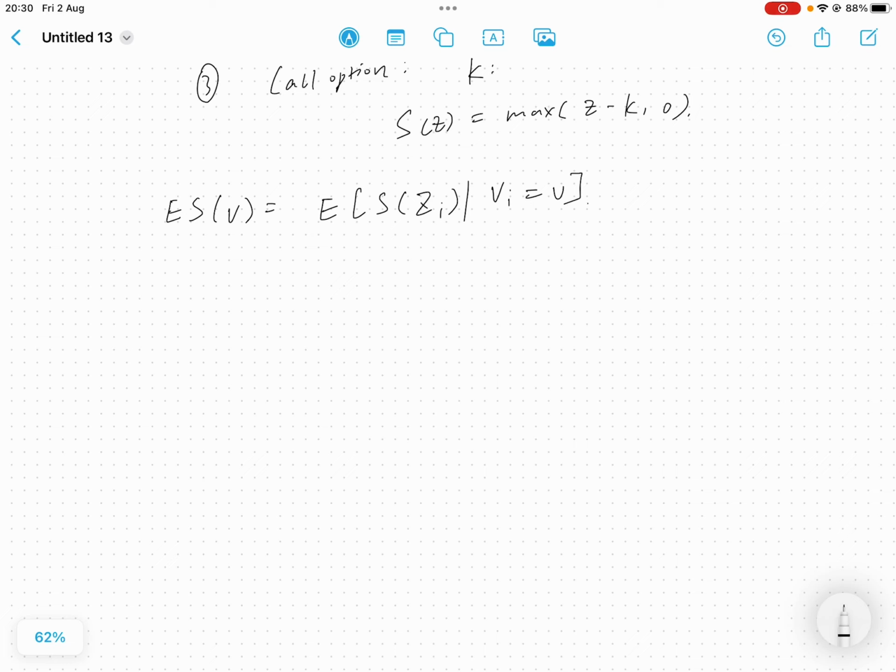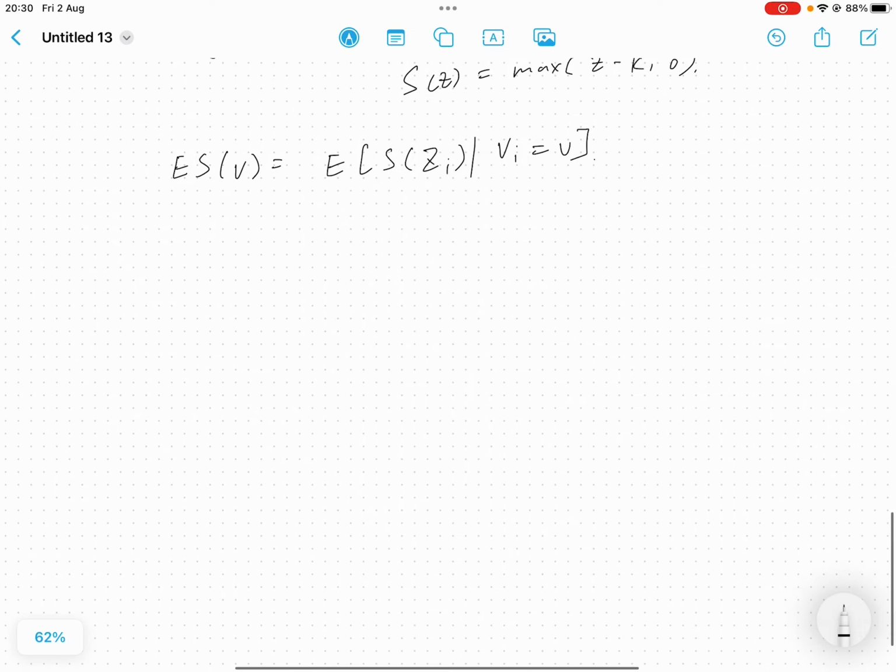So we always use the distribution H implicitly; it's hidden here, but it's built inside.